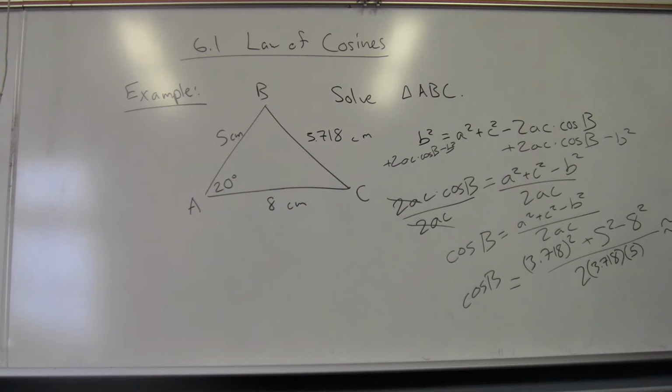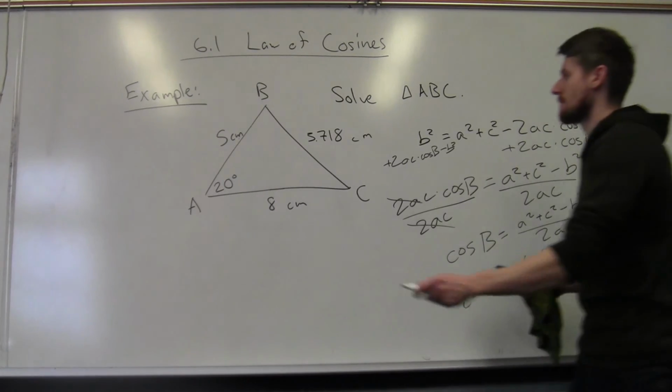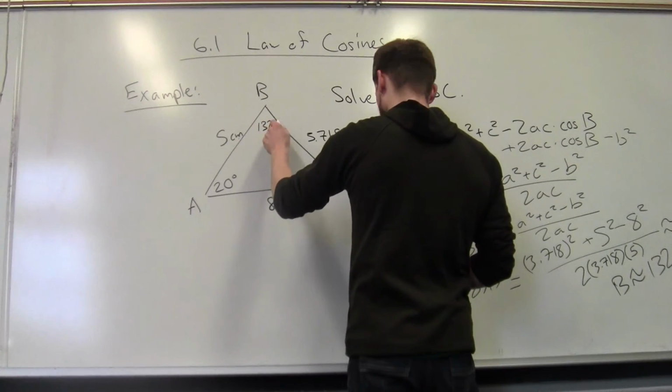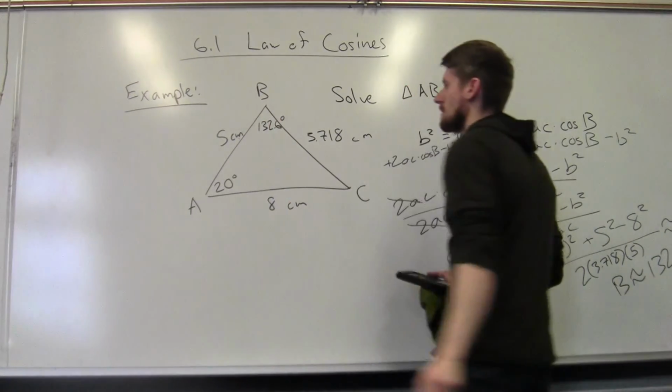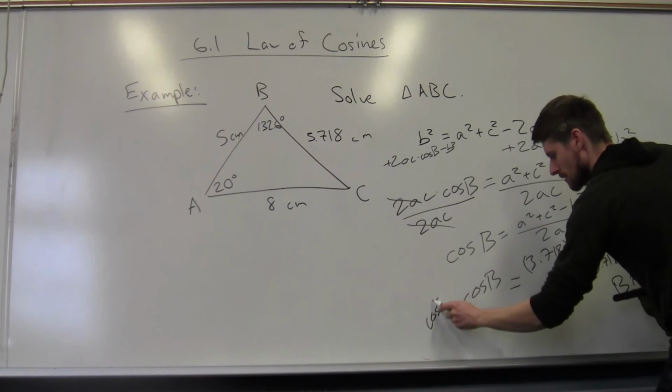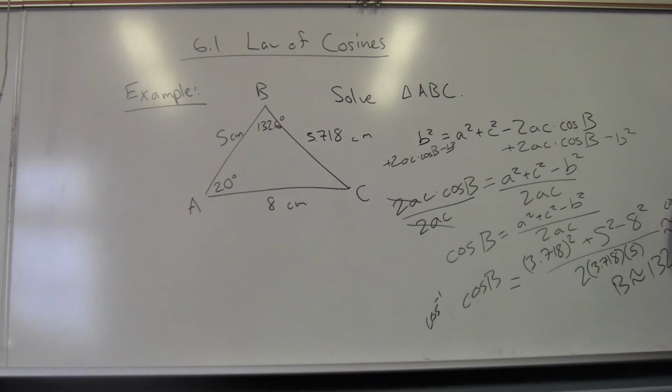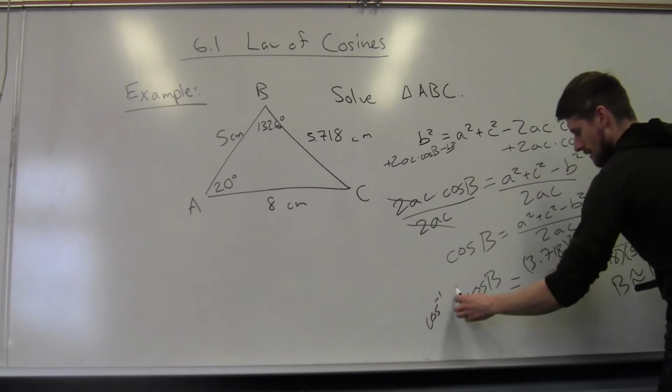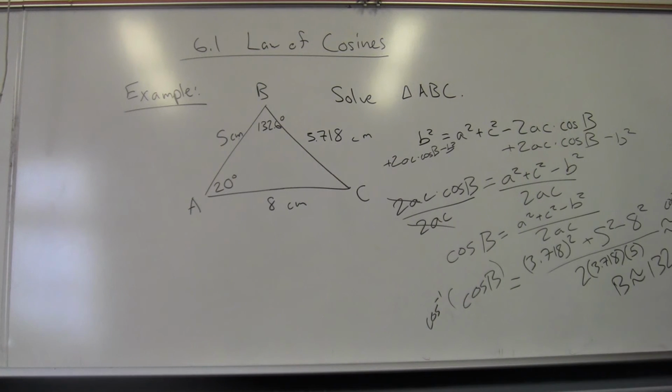This is approximately negative 0.677. So now we take the inverse cosine of the answer, and that gives me that b is approximately equal to 132.6 degrees. Cos inverse this guy to get b by itself.